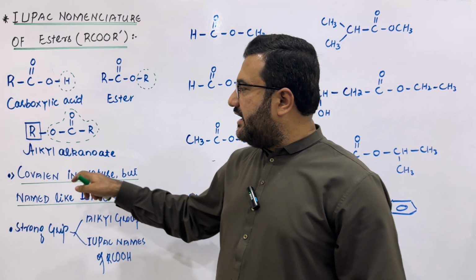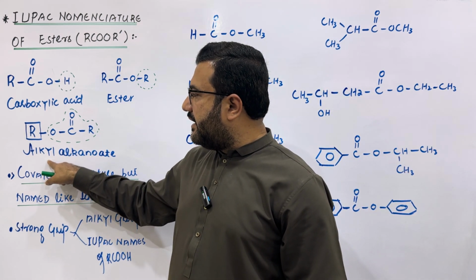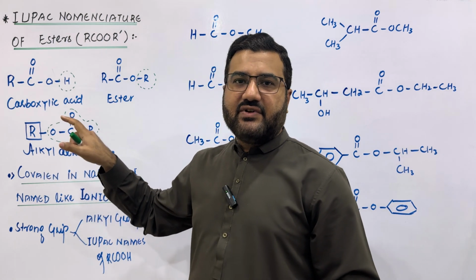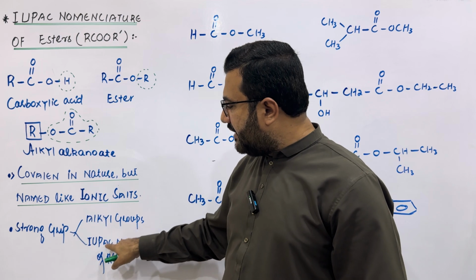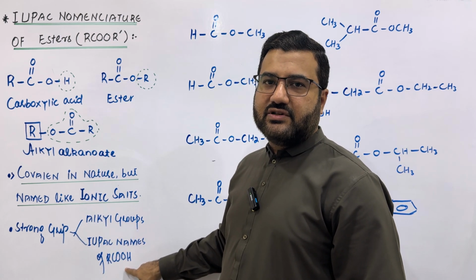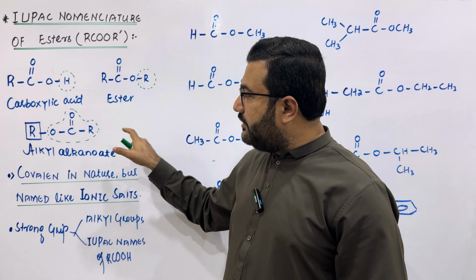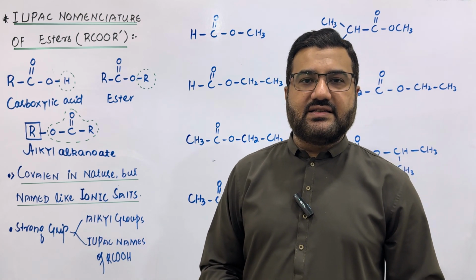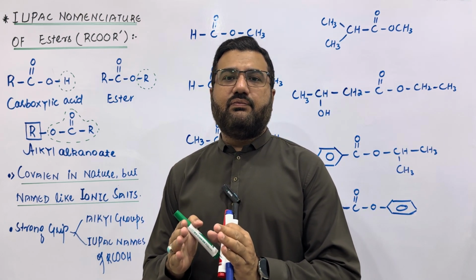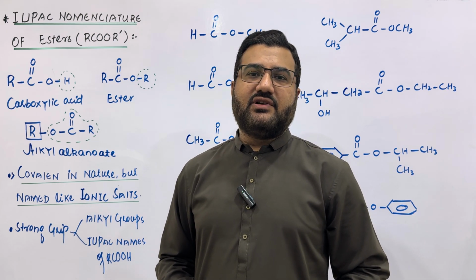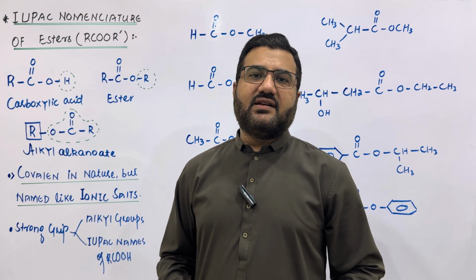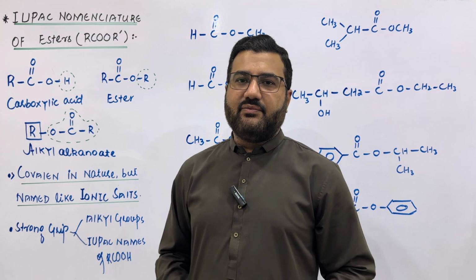It means while naming the esters in the IUPAC system, you should have a strong grip on the names of the alkyl groups and the IUPAC names of the carboxylic acids. Then you will be able to give an IUPAC name to any ester. If you do not have a strong grip on the alkyl groups or the IUPAC nomenclature of the carboxylic acids, then naming esters according to the IUPAC system will be difficult for you.